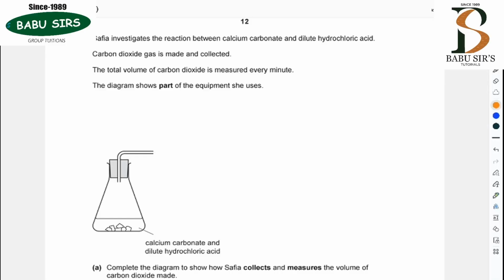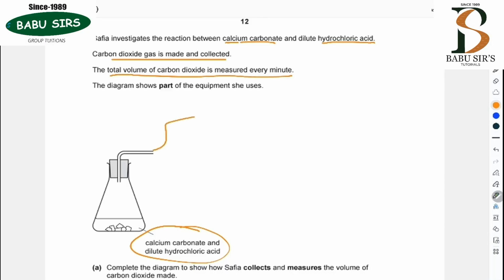Cephia investigates the reaction of calcium carbonate with hydrochloric acid. Now you can see both are here, calcium carbonate and hydrochloric acid. Now after this experiment, carbon dioxide is released and collected, and the volume has to be measured also. So what to do?